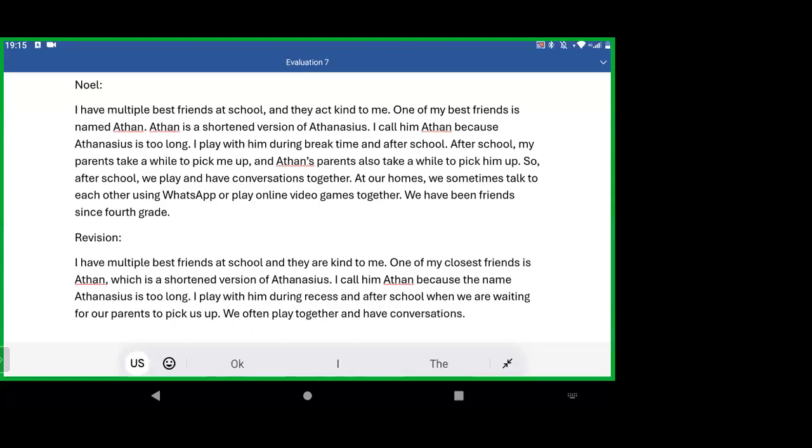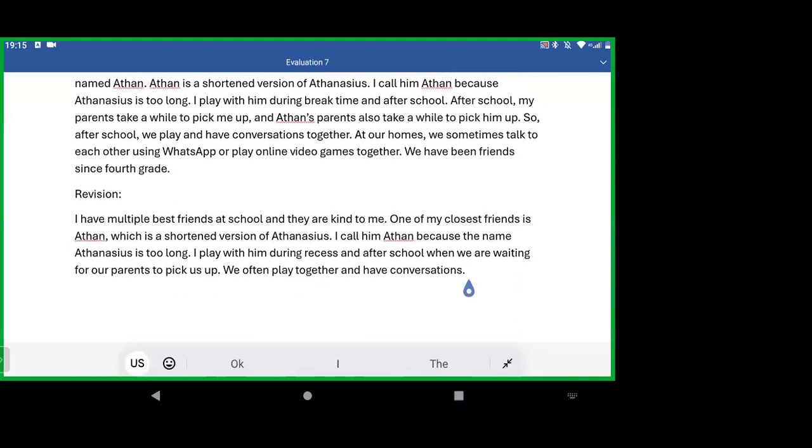We often play together and have conversations. Essentially, we play and have conversations together, or often play together and have conversations. It's technically the same thing, so it's actually okay. But again, I'm just trying to show that you can change different variations of sentences.